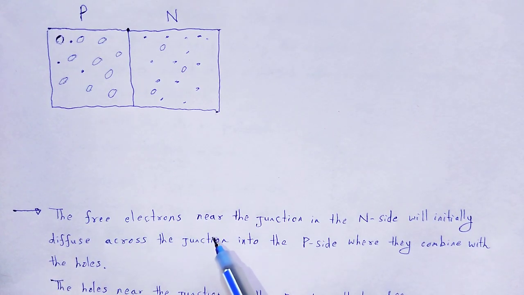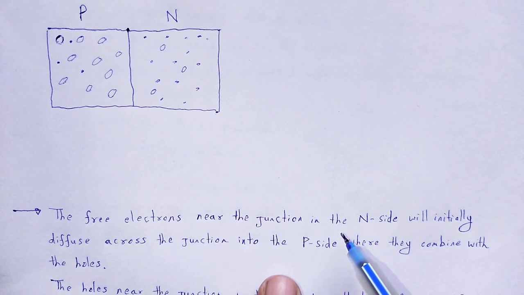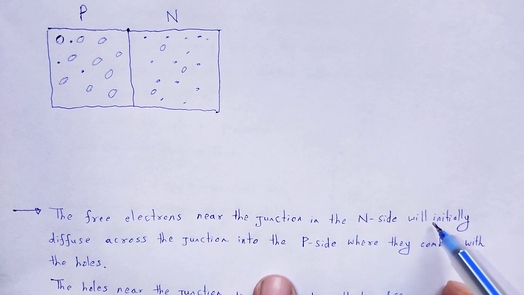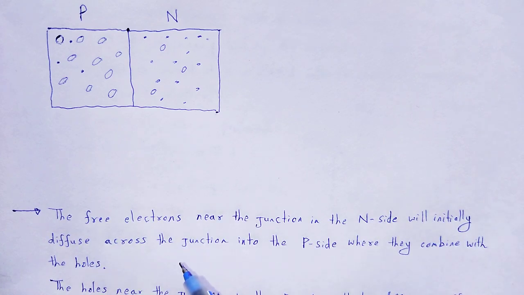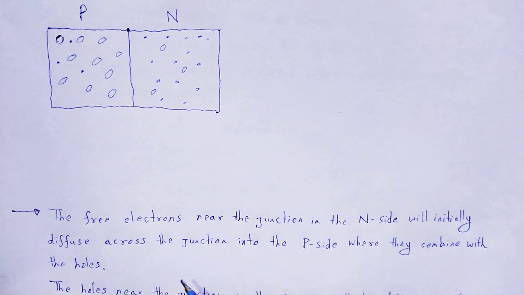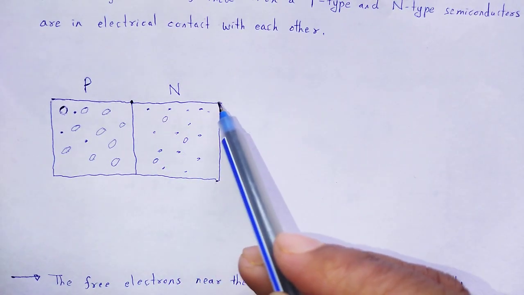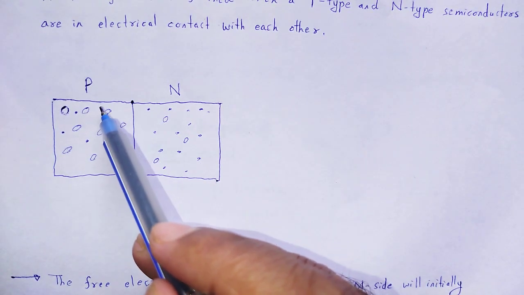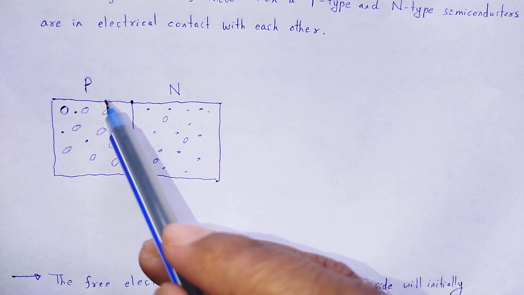The free electrons near the junction in the N side will initially diffuse across the junction into the P side, where they combine with the holes.